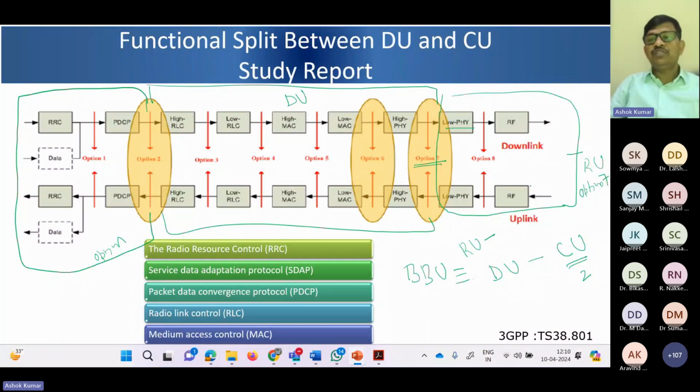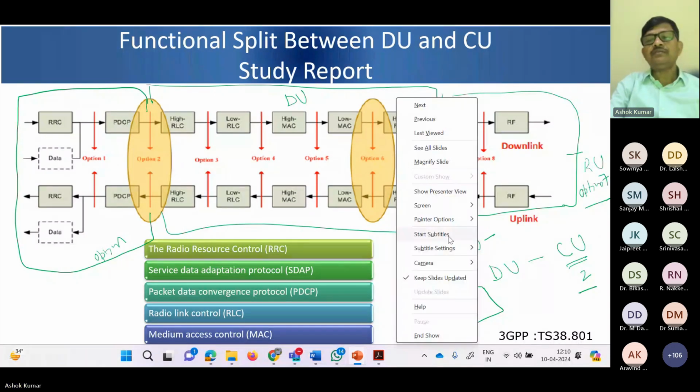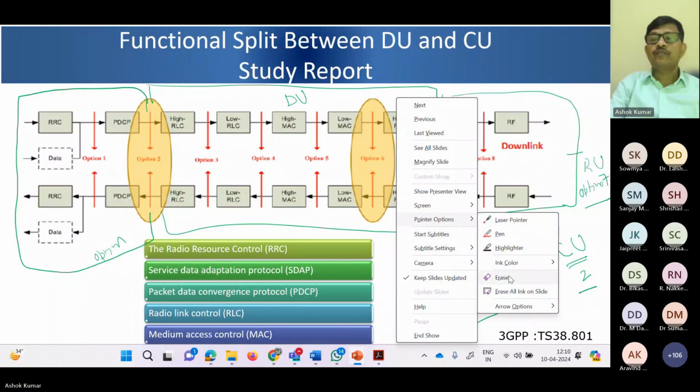So combined, I'm using option 7 and option 2, right? Two splits I'm having. That's why we call it split 7.2. You might have heard of split 7.2. So split 7.2 is nothing but: at the RU side, I am handling the lower physical part and RF. At the CU side, I am handling the RRC and PDCP layers. And the rest, the higher part of the physical layer, MAC layer and RLC layer, I am handling at the DU.